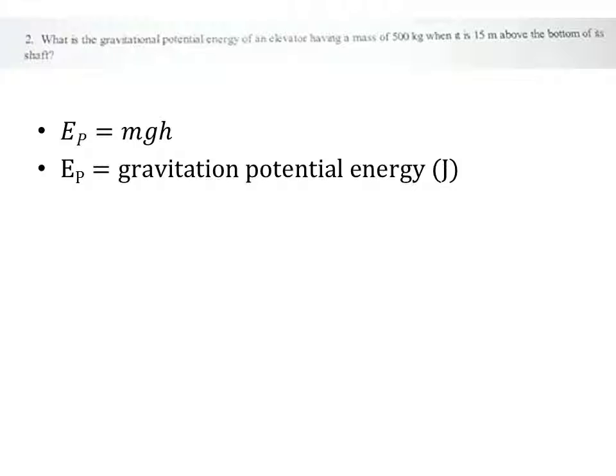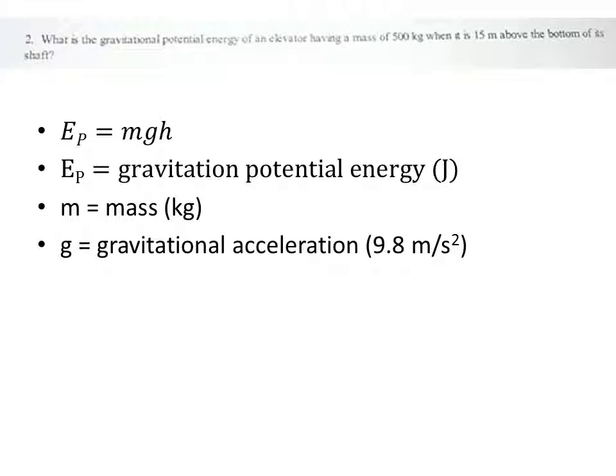So E sub P stands for gravitational potential energy, which is measured in joules. M stands for mass, which is measured in kilograms. G stands for gravitational acceleration, which is 9.8 meters per second squared. And H stands for the change in height, which again is measured in meters.